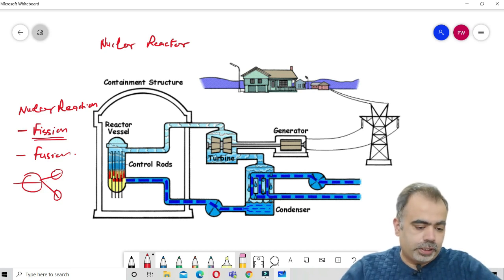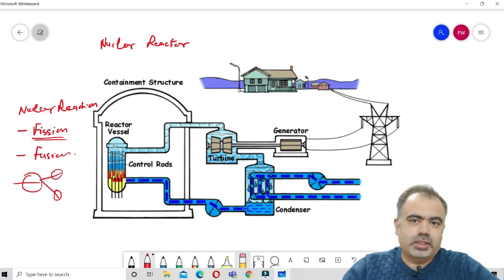Then the hot sodium is sent again to the condenser, where it gets chilled with the cold water, and after that it is pumped back into the nuclear reactor. So this is the working of a nuclear reactor.